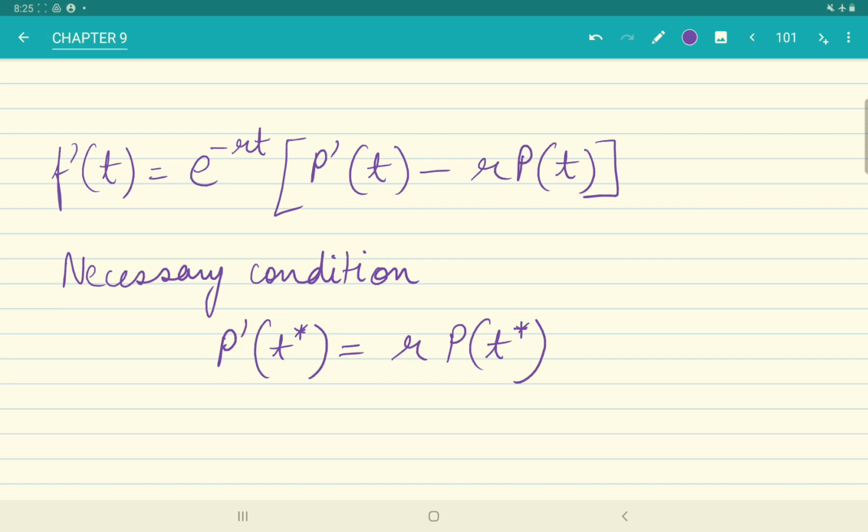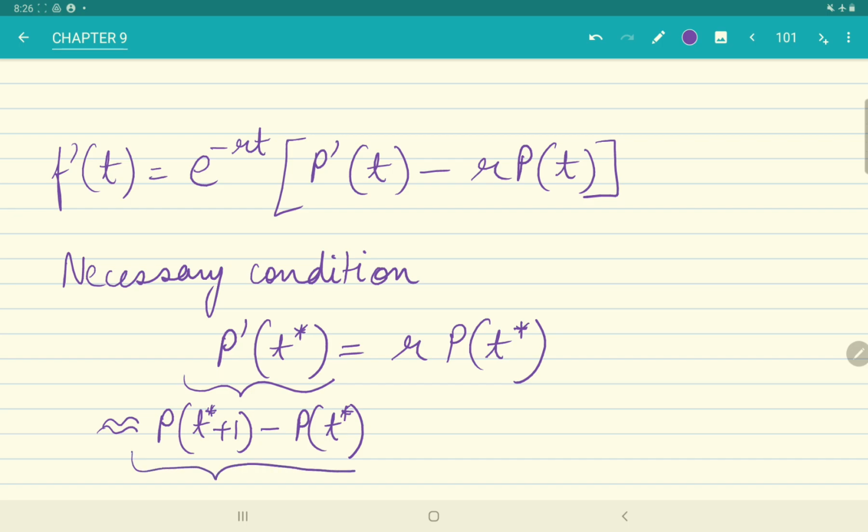So P prime T star, we can say this is approximately equal to P of T star plus 1 minus P of T star. Think of it that way. So what is this? This is the increase in the value of the tree over the time interval T star to T star plus 1. And this is the increase in the value of the tree.